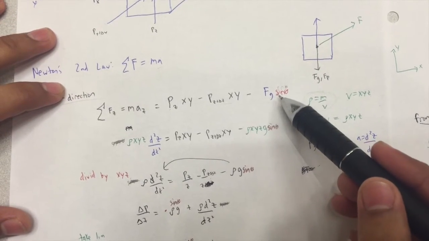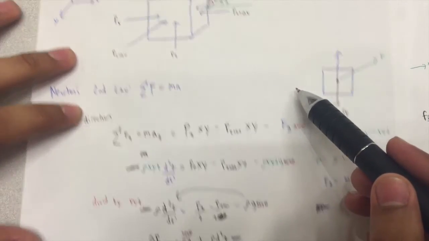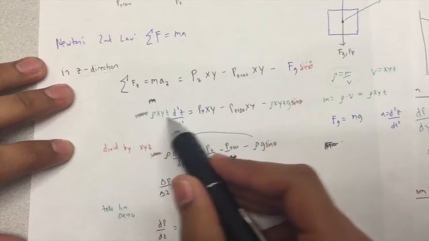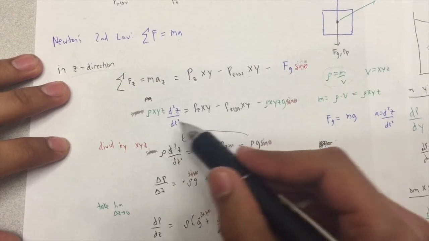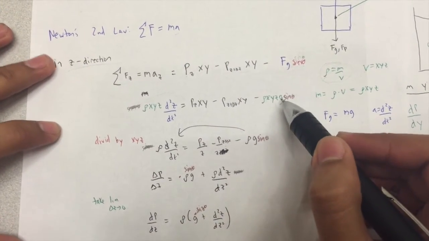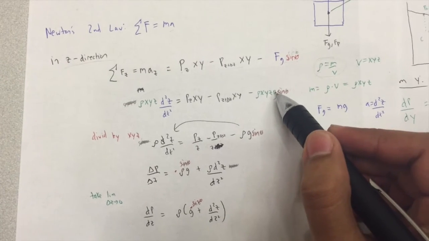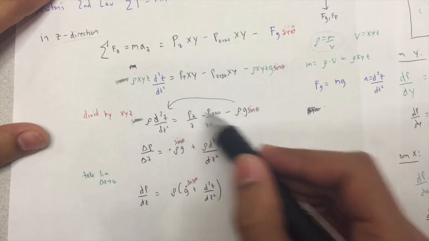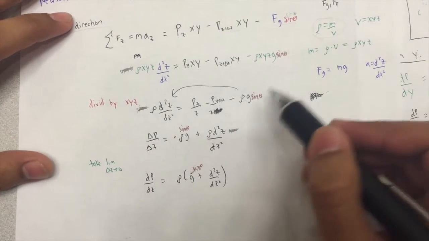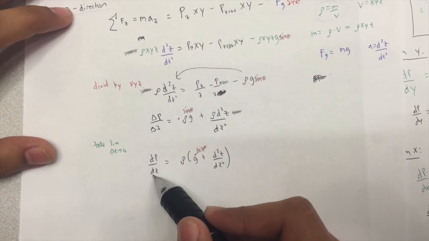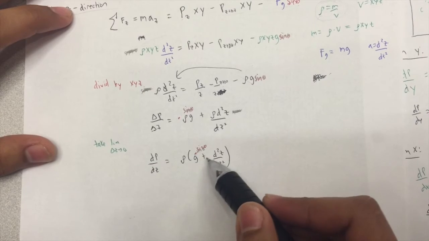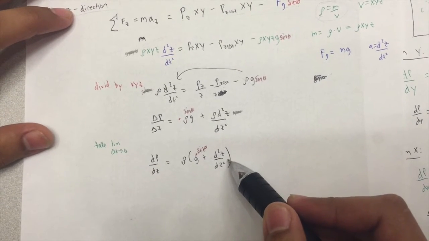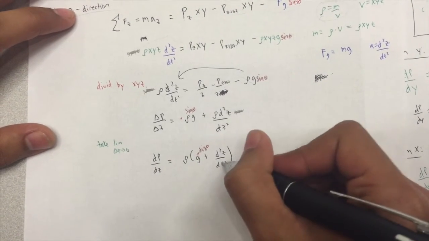The force of gravity, however, has a sine term because of the angle that it's at. Yeah, so you replace everything, cancel out x, y, z. I know it looks messy, but if you really want to know it, I'm sure you can do it. And moving stuff over, and eventually you get to dp/dz equals rho g sine theta plus d squared z over dt squared.